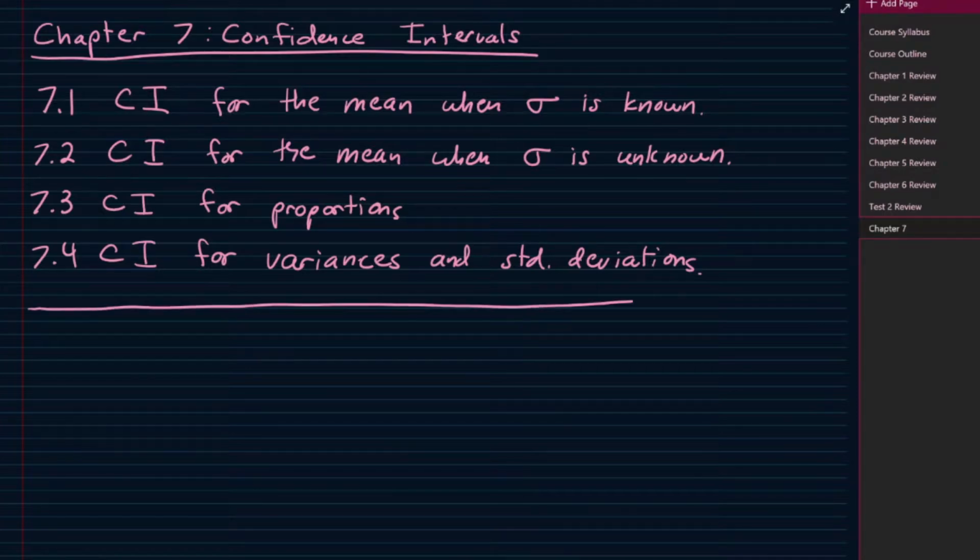Okay. So let's discuss 7.1. Here we'll define what a confidence level and confidence interval means. Let's start with that.